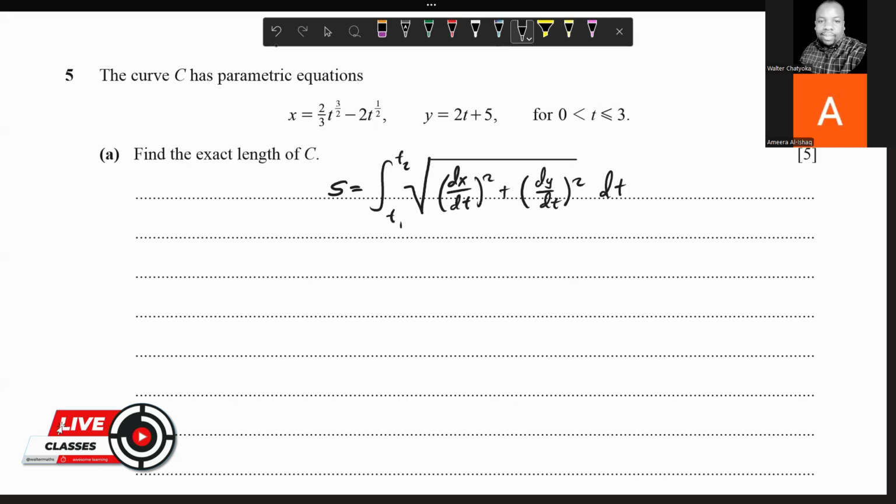So the task here is for us to find dx by dt and dy by dt.